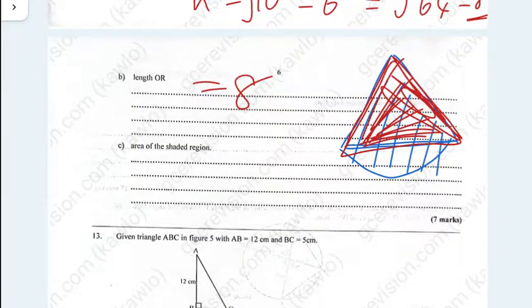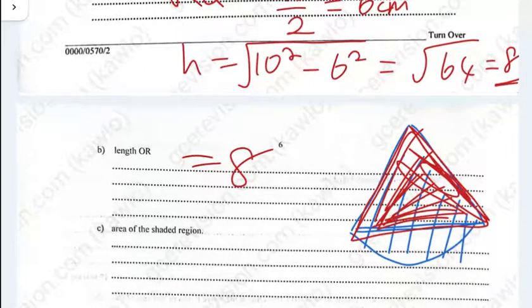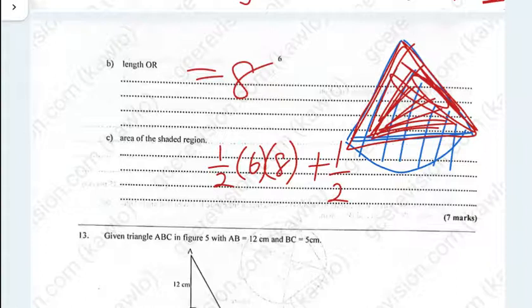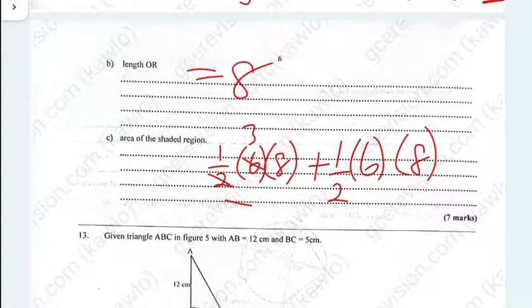So how do we get the area of these two triangles? For the first triangle, the base is 6, so we have half times 6 times 8. That's the first one. Then plus the second one, half again times 6 times 8. So 3 times 8 is 24, plus 3 times 8 is 24.